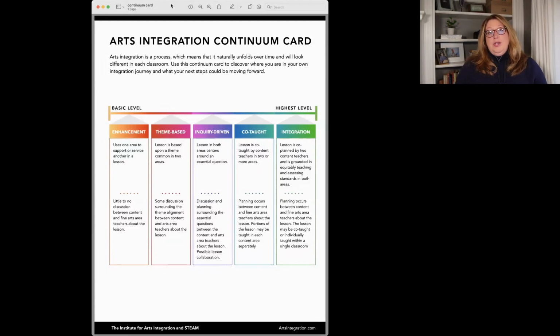It also helps you if you're working with other teachers in your building and they identify in enhancement, theme-based, or inquiry-driven instruction. It helps you to help guide them for the next step that would be most appropriate. Because again, we don't want to take that huge leap without having the other shades and exploring those other shades and knowing what that looks like.